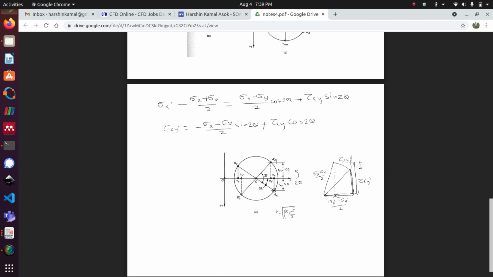And A dash C can be thought of as the plane on which sigma x dash acts.